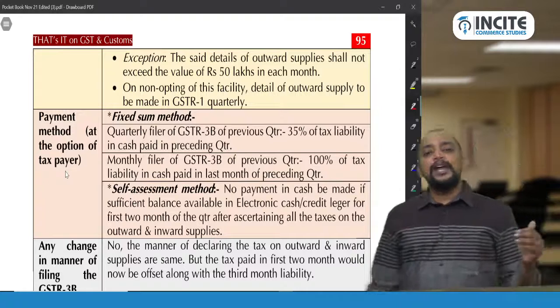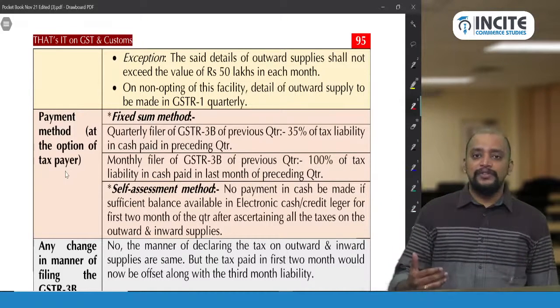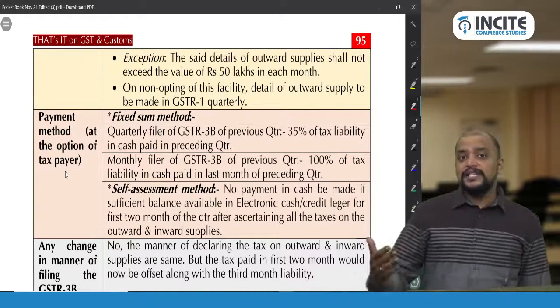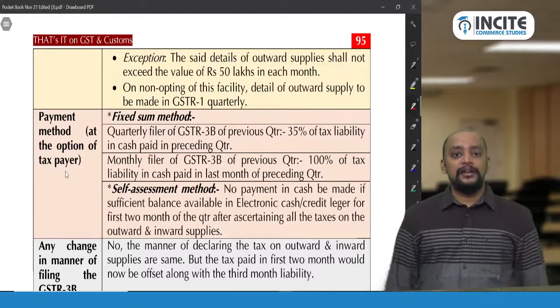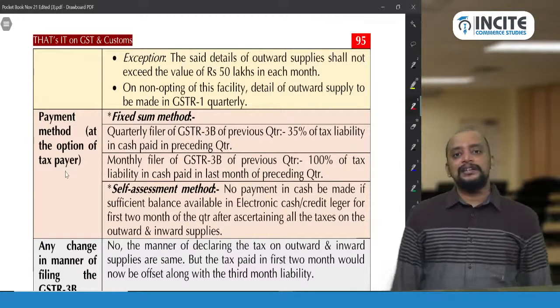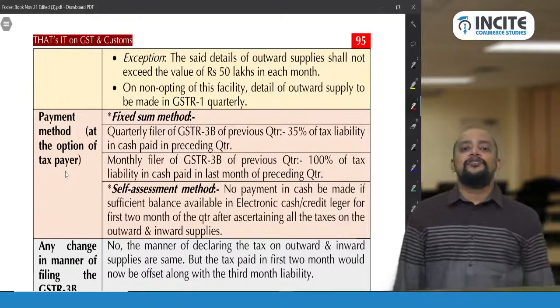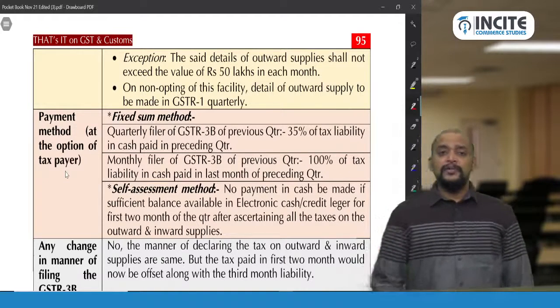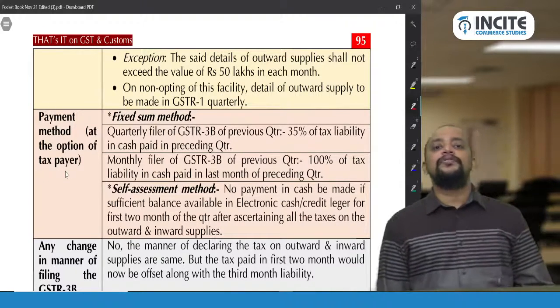Then payment of taxes under the QRMP scheme will be under the self-assessment method or the fixed sum method. Fixed sum method, what is the percentage? The last GSTR3B that you filed is a quarterly GSTR3B, which means that in the previous quarter you went for QRMP.